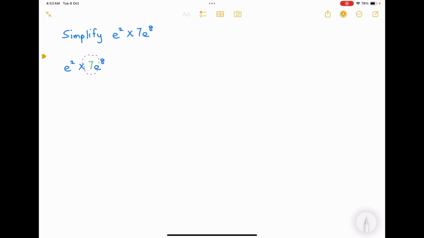Since the number appears only once, it goes to the front. This E appears 2 times. 1, 2.